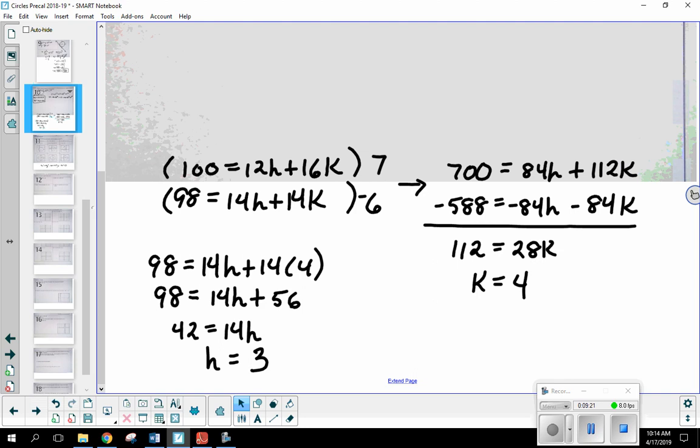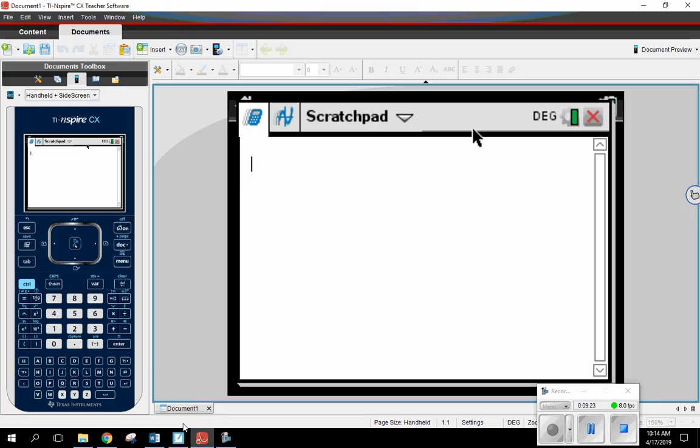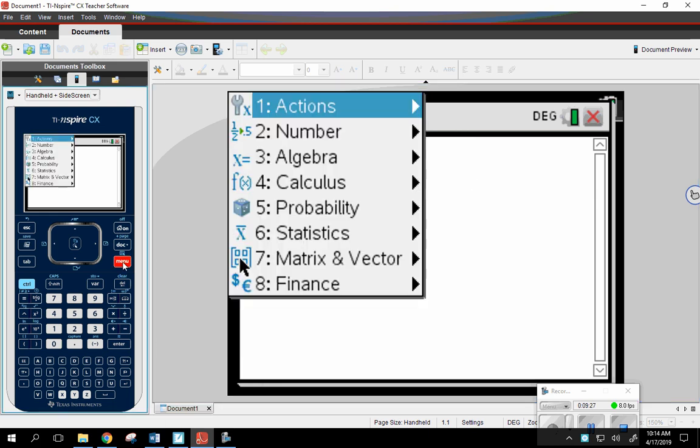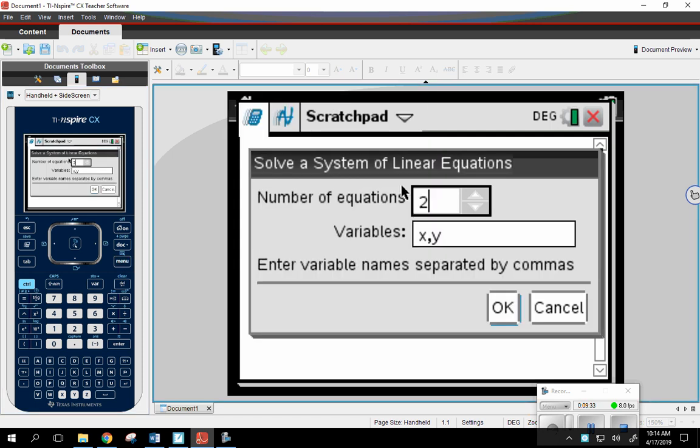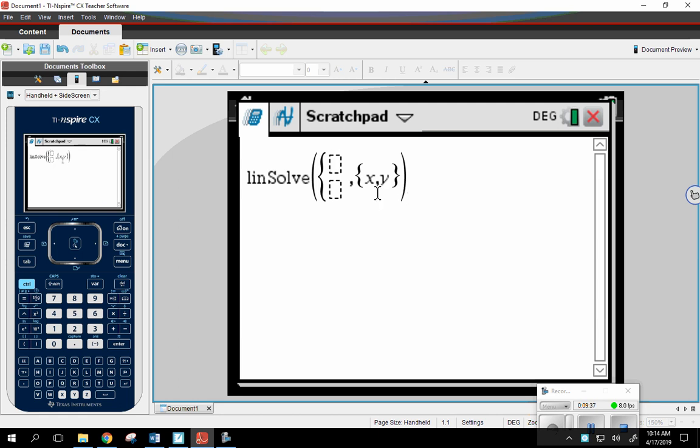Cool. All right, so let me go ahead and show you the calculator. So you go to your scratch pad. So I do want to go to menu. Does anybody remember where to go from here? Algebra. And then we are solving a system. So we're just going to have to change h and k to x and y. Okay. But the nice thing about this, doesn't matter if they're in standard form, slope intercept, you just type the equations in directly, and it'll go ahead and give you what you need.